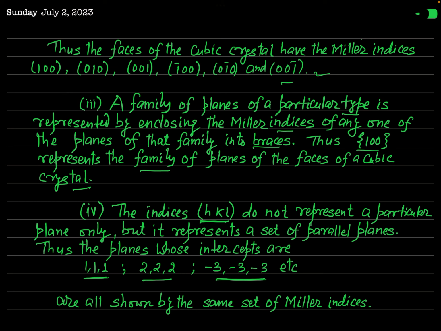So you can say in this notation, the actual value of the intercepts is not very meaningful, but their simplest ratio is meaningful. As you can see, the ratio of 2 is to 2 is to 2 is simply equal to 1 is to 1 is to 1. Similarly, the ratio of -3 is to -3 is to -3 is also equal to 1 is to 1 is to 1.